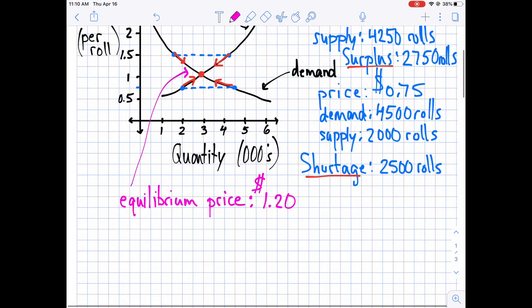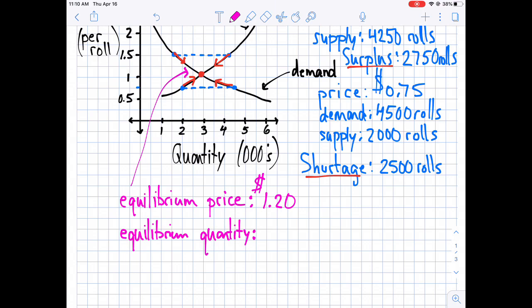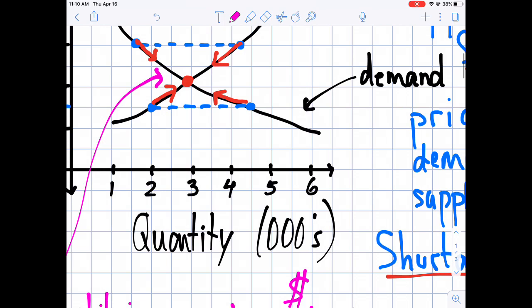And let's look at the equilibrium quantity. How much will be produced, how much will be demanded at this price point. And if we look at that, let's suppose that maybe it's 2,800.